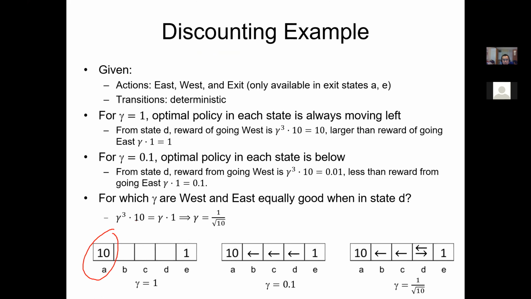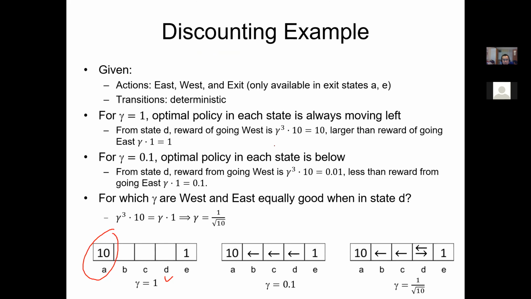Because say from state D, the reward of going west is gamma cubed times 10 because it takes 3 steps to reach state A and get reward 10. 1, 2, 3. Yeah. So it's larger than going east.